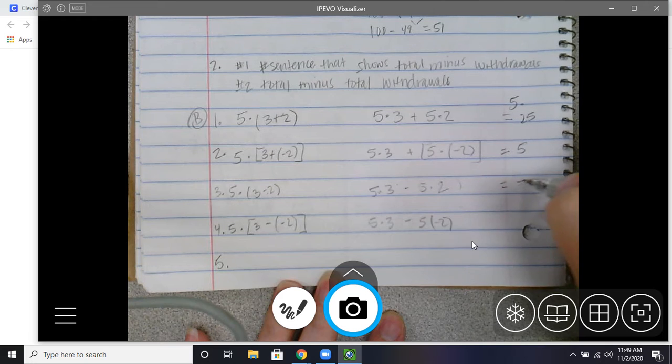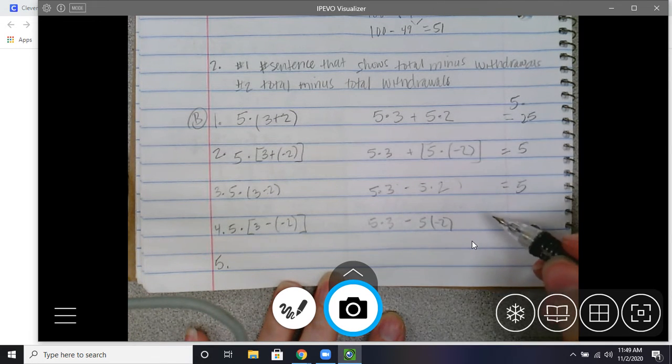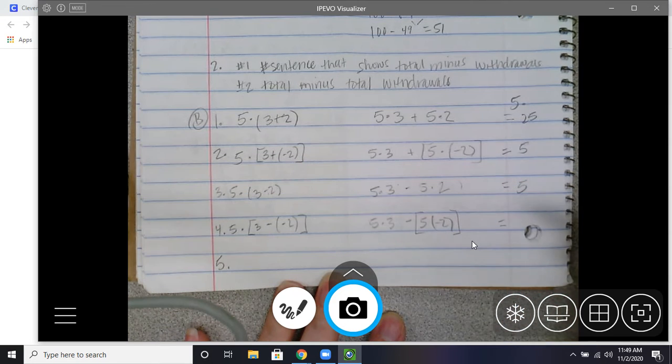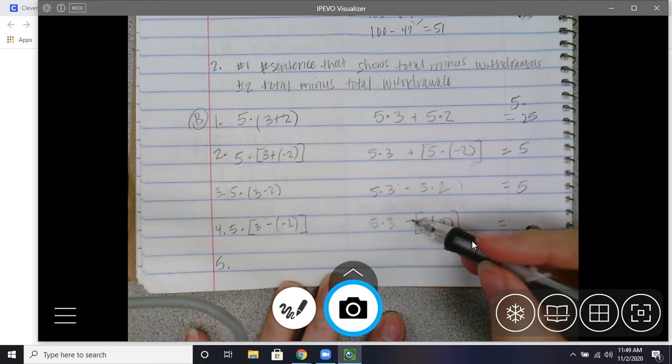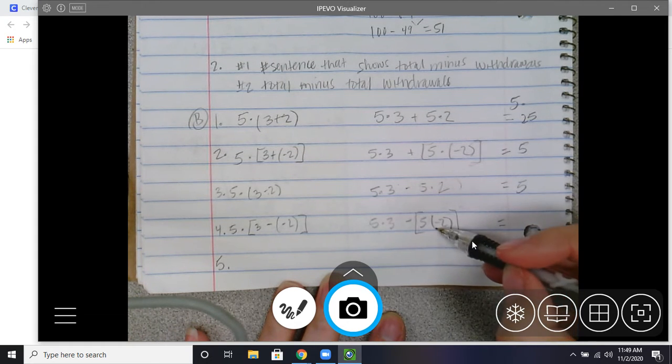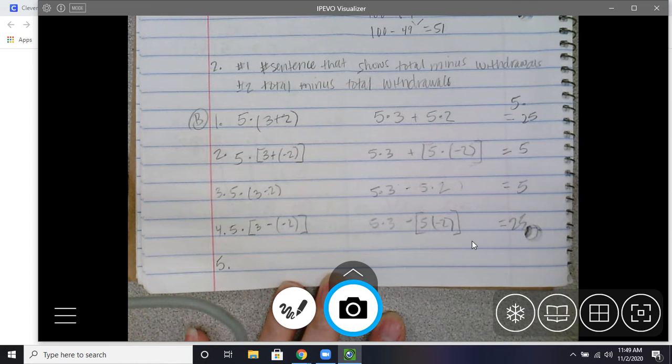So 15 minus 10 would be 5. And then this would be, wrap that in brackets. This is in brackets. I think that's what I forgot was the brackets, because that's important. Because this is now going to make this answer positive 10, which is going to make this 25. See, these things, they matter.